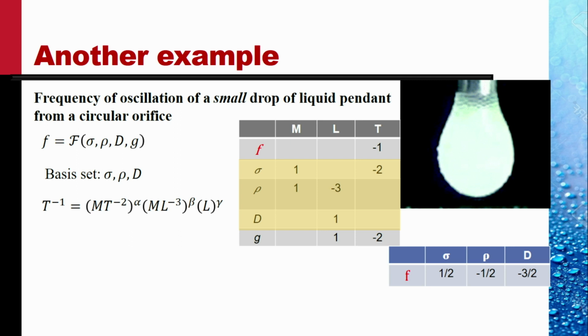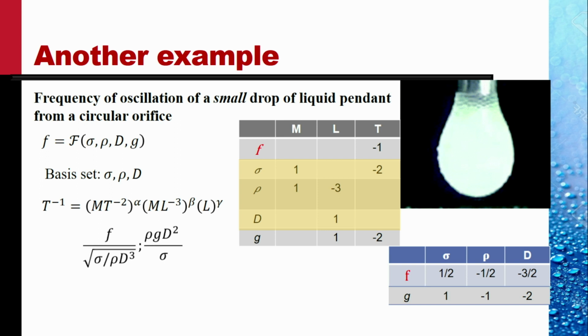Similarly, we do for the remaining independent parameter G. This would be sigma divided by rho divided by D square. So the dimensionless equation would be formed out of two dimensionless parameters.